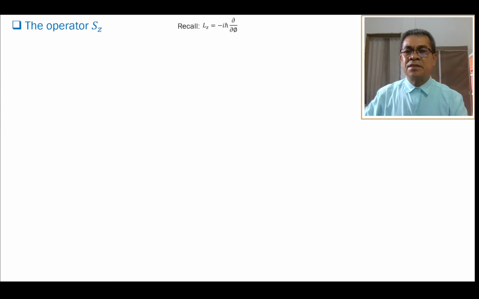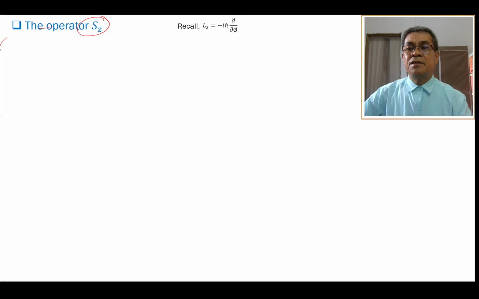So the next operator is S z. Again, we are interested in z, so let us start with z. What is the equivalent of that?